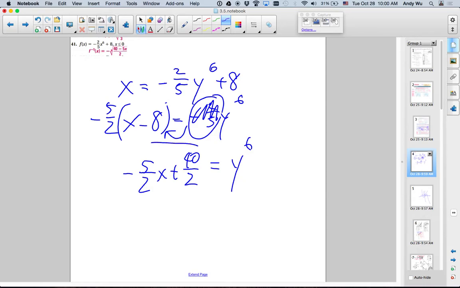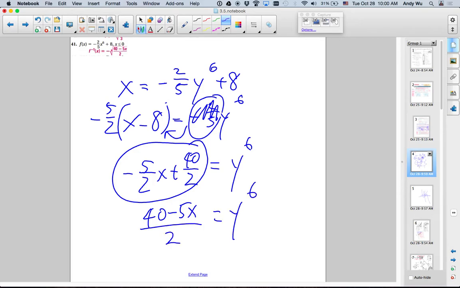Which means this is 40 minus 5x over 2 equals y to the 6. I think you're only getting confused because you think that this negative is that negative. It's not. This negative is that negative. Does that make sense now?